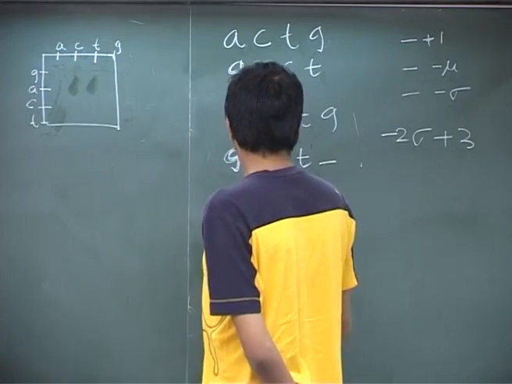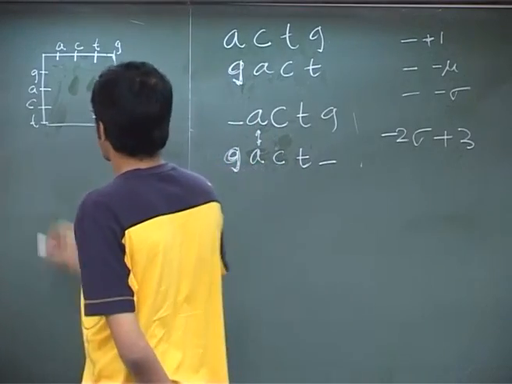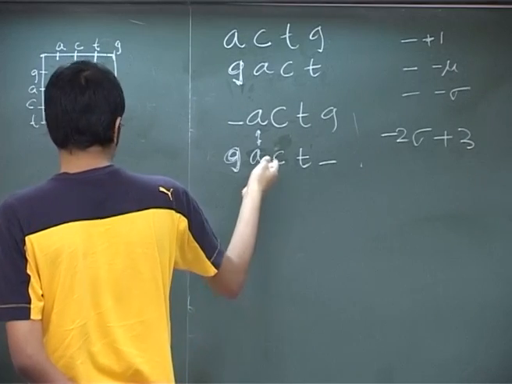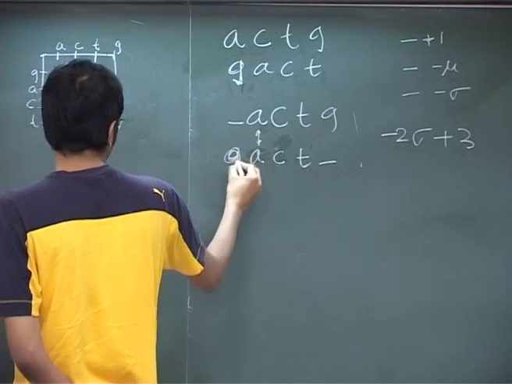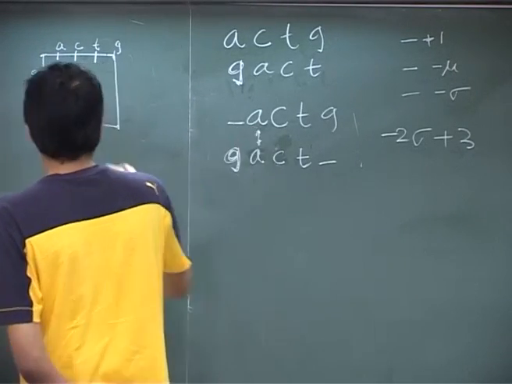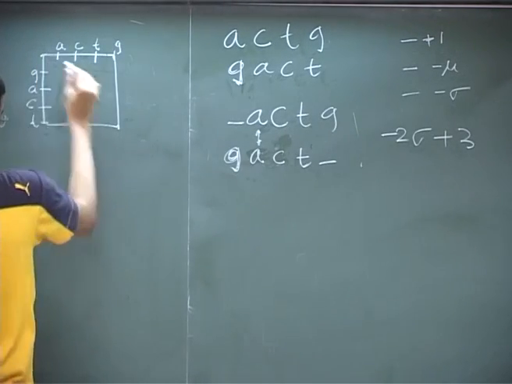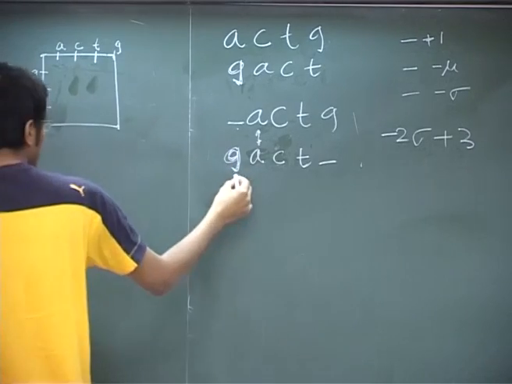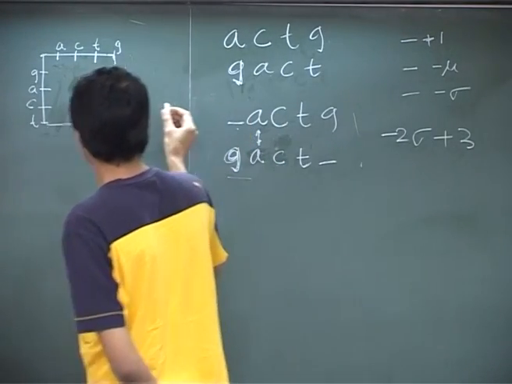Every alignment will give a path from this point to this point. For example, in this particular alignment, I start from here and I've got a space here, so I'm moving on the second sequence but not on the first sequence.